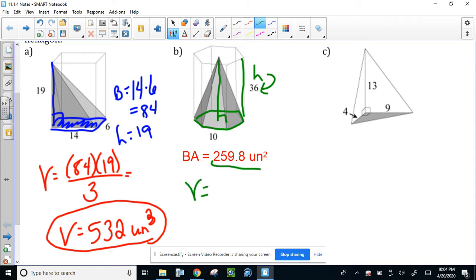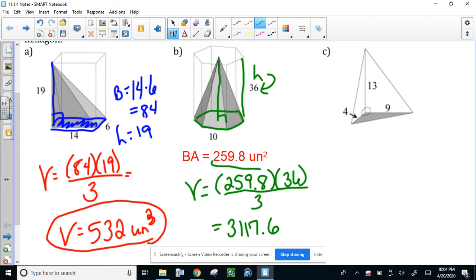So to find our volume, we're going to just type this into our calculator, 259.8 times 36 divided by 3. So nothing too bad there. We're going to get some really big numbers here, because our area and heights are so much higher. So we're going to get 3,117.6 units cubed for the volume on that one.